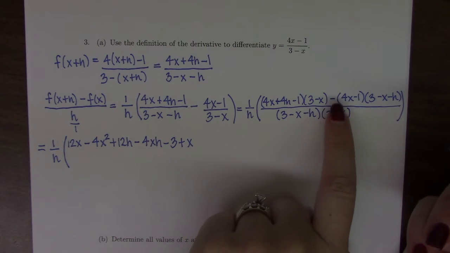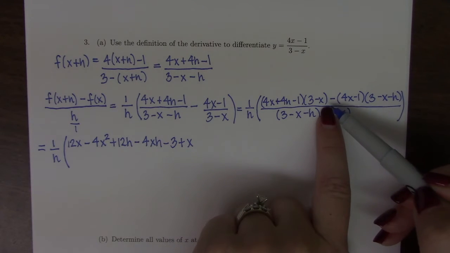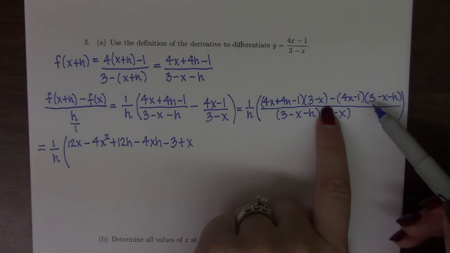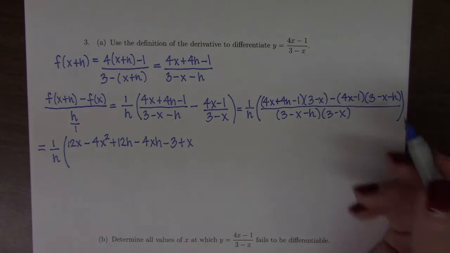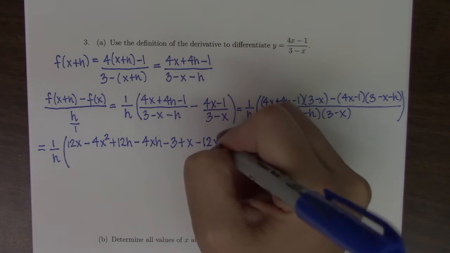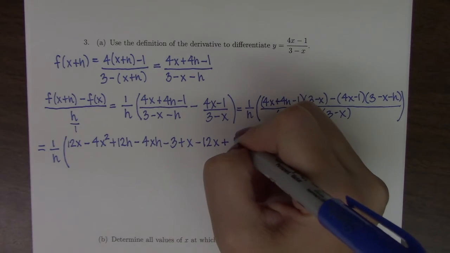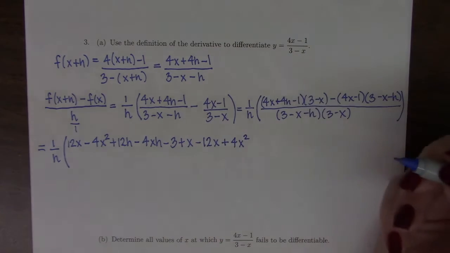Over here, I have this minus sign I have to take into account. So really, I'm going to say minus 4x times all of these things. So negative 4x times negative 3 is negative 12x. Negative 4x times negative x is positive 4x squared.